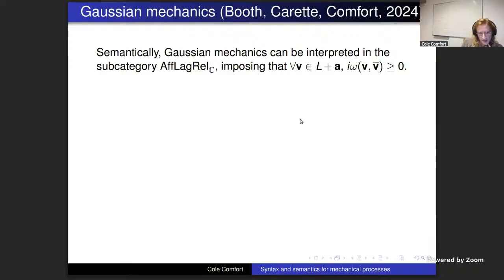So if instead of working over the field of real numbers, you take affine Lagrangian relations over the complex numbers, and you impose that every subspace satisfies this condition: you take a vector in your subspace, apply the symplectic form with its conjugate, multiply by i, and ask if that's greater than or equal to 0. Then this gives a semantics for Gaussian quantum mechanics and these probability distributions.